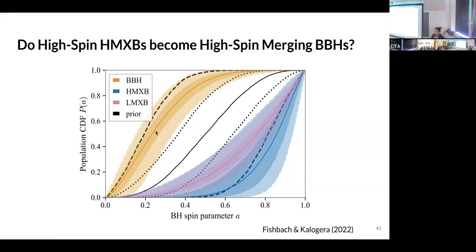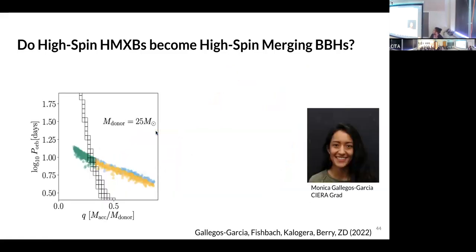And so our student Monica worked with me and Maya and others to use a Poseidon-like infrastructure, so lots of MESA simulations, to try to see: do any of these high spin HMXBs become high spin merging binary black holes?